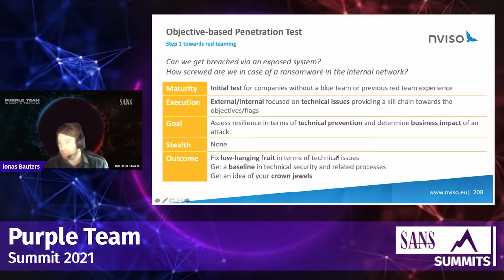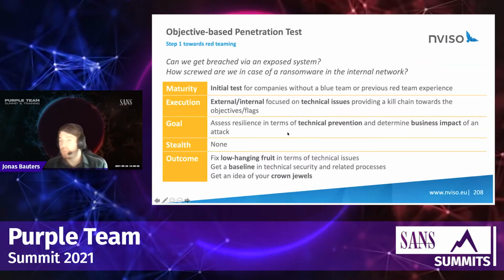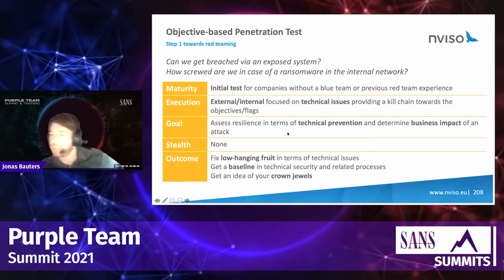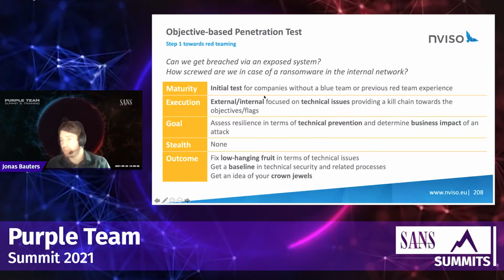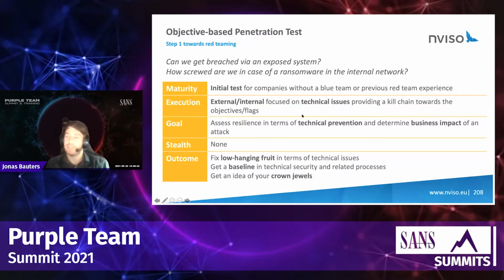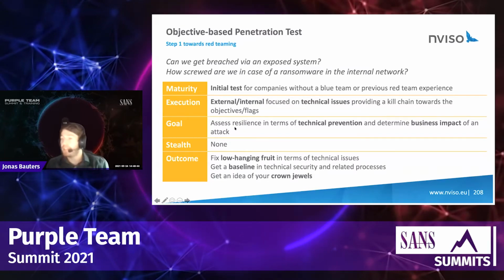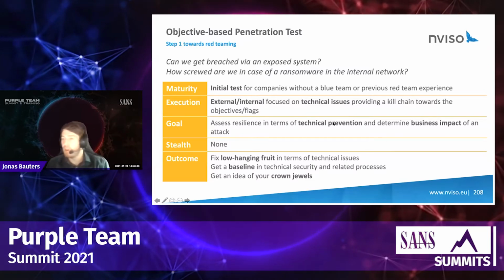How we implemented these at NVISO is the way it's presented here. With an objective-based penetration test, what we're trying to show a client is whether or not they could get breached via an exposed system. And in case that happens, how screwed are they if we had been ransomware?